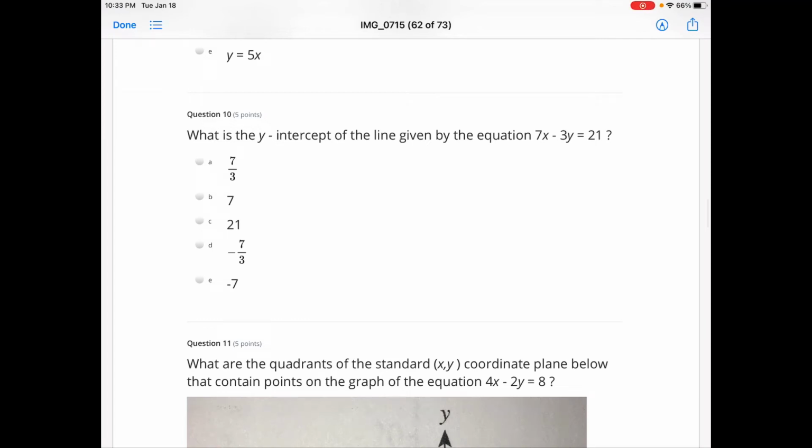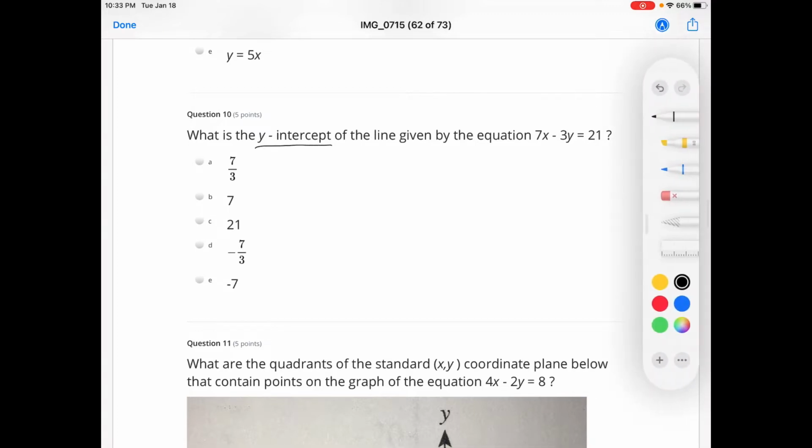Okay, number 10 wants the y-intercept of the given line. So let's get y by itself. Take the y term over, make it positive, get it by itself. So I have 3y equals 7x minus 21. Divide everything by 3.